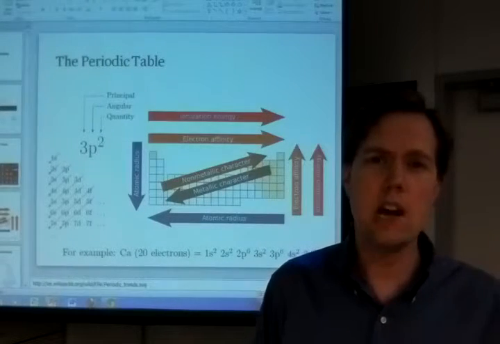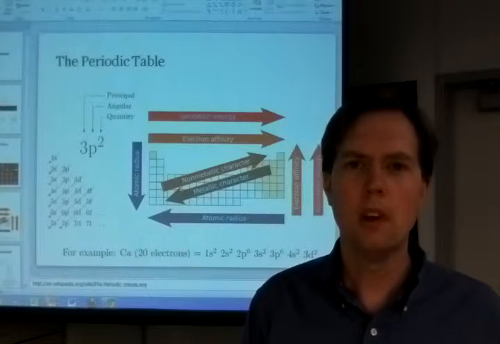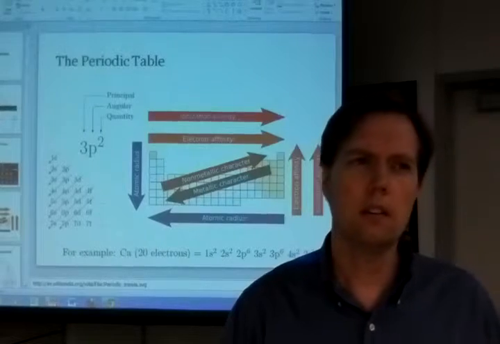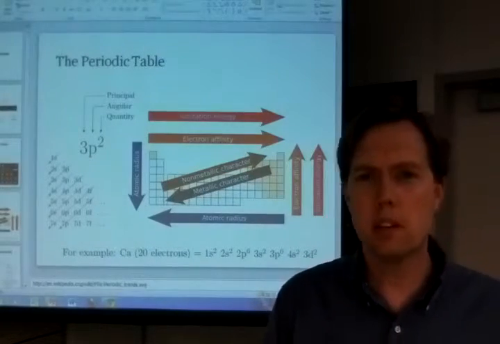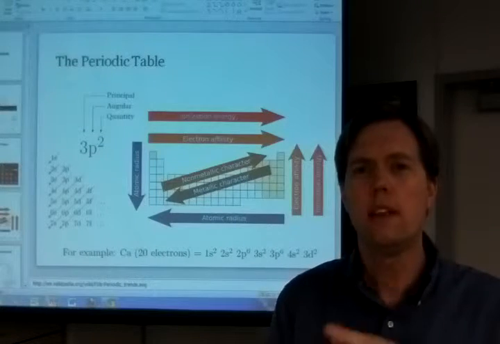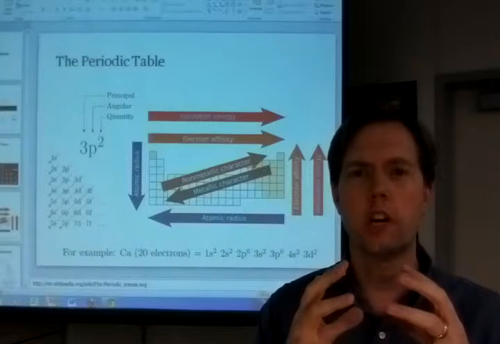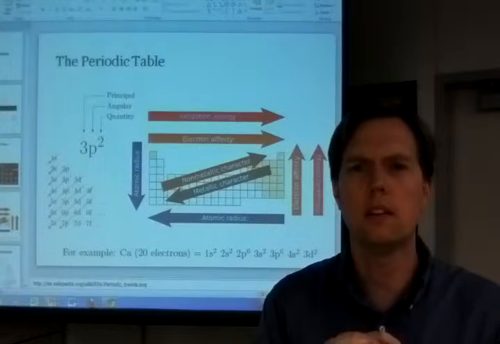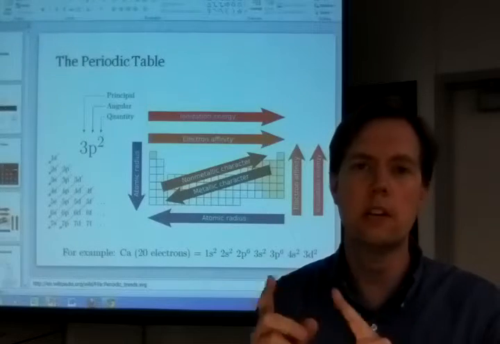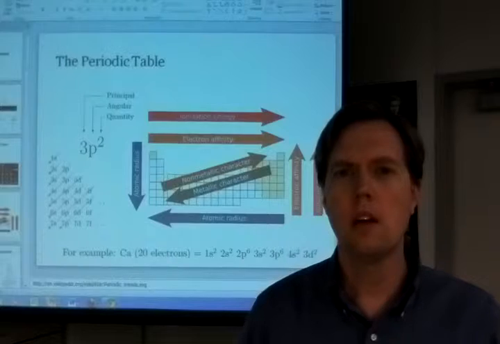Now, let's move down the periodic chart a little bit, and the next one is sodium. Sodium has 11 electrons, and you kind of go through the same type of pattern. The first 2 fall in that inner shell, like normal. The next 8 fill the n equal 2 shell. And the reason for that is, in every spherical harmonic pattern, you can always get 2 electrons, back to back like this, up, down.